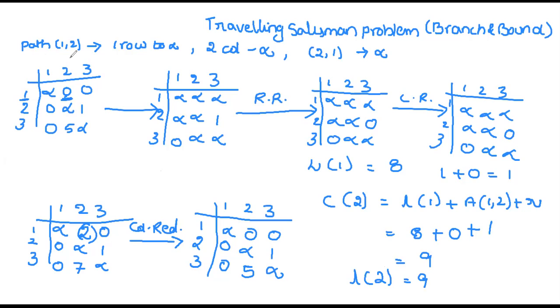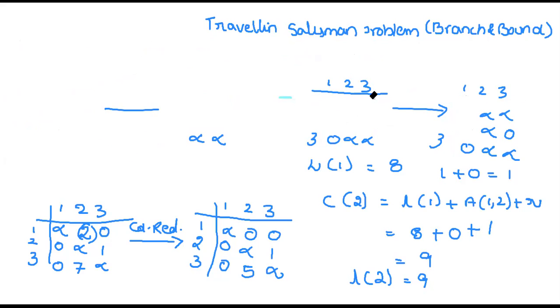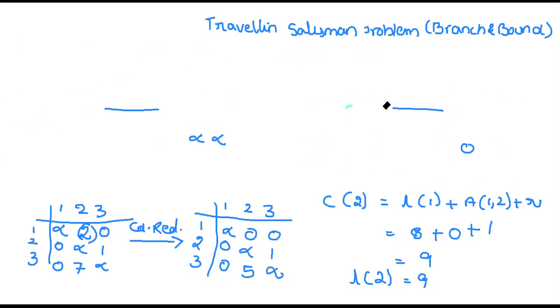Among those two paths, whichever is less, we will traverse through that path only. So path 1 comma 2 is completely calculated. Then we will move to path 1 comma 3, which we are going to calculate.